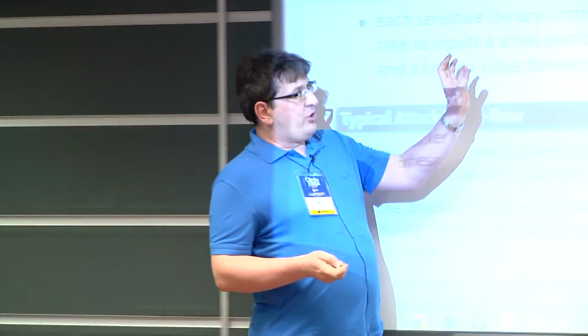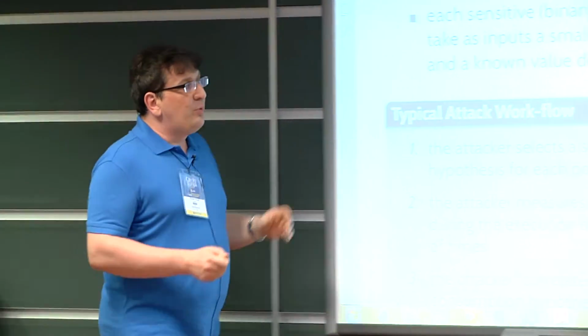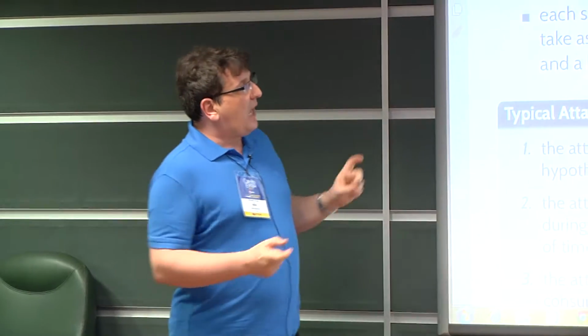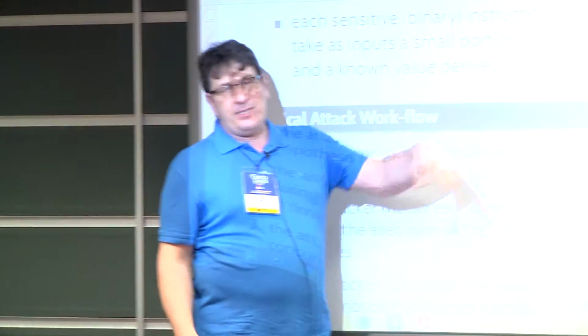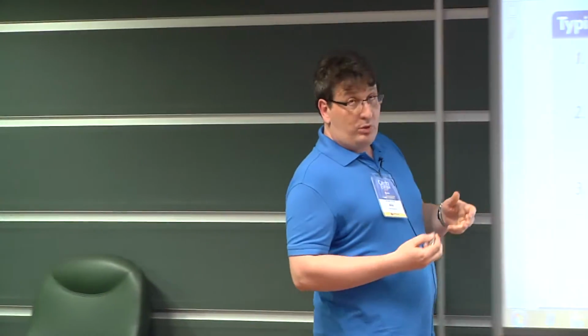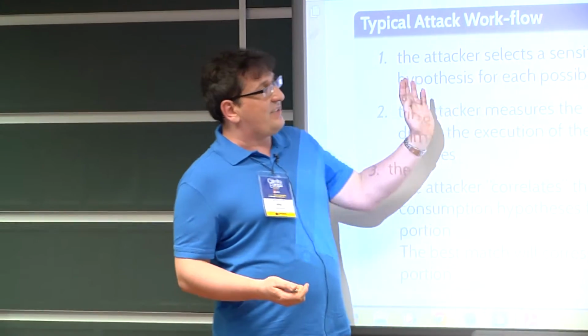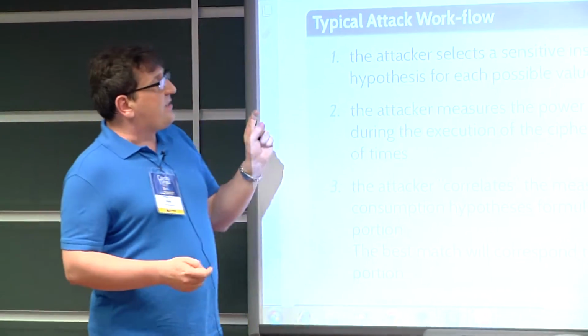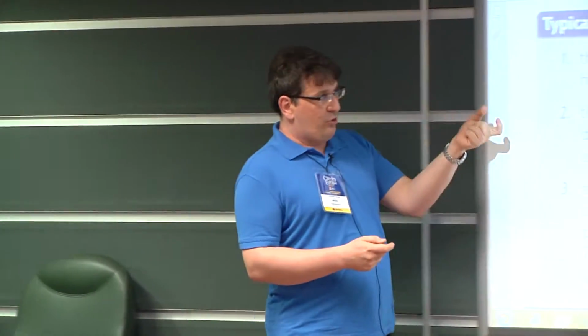Each sensitive binary instruction of the cipher implementation takes as input a small portion of the key and a known value derived from the cipher input, as we have seen before. Just a quick recap, the typical attack workflow is that the attacker selects a sensitive instruction and builds a consumption hypothesis for each possible value of the secret key portion.